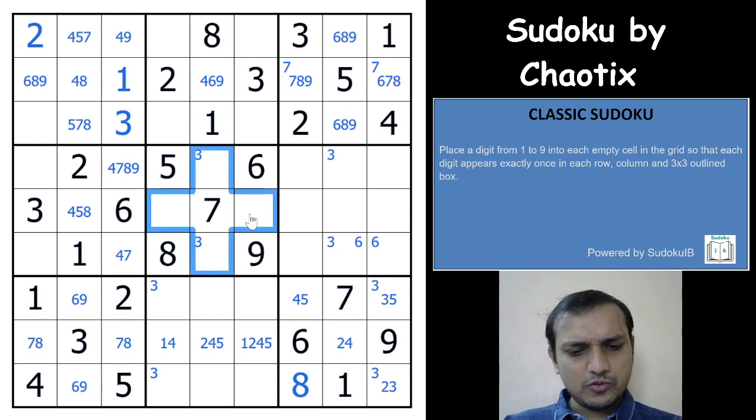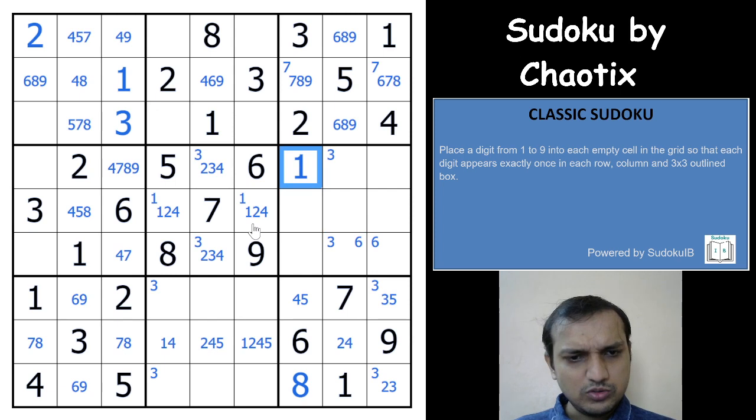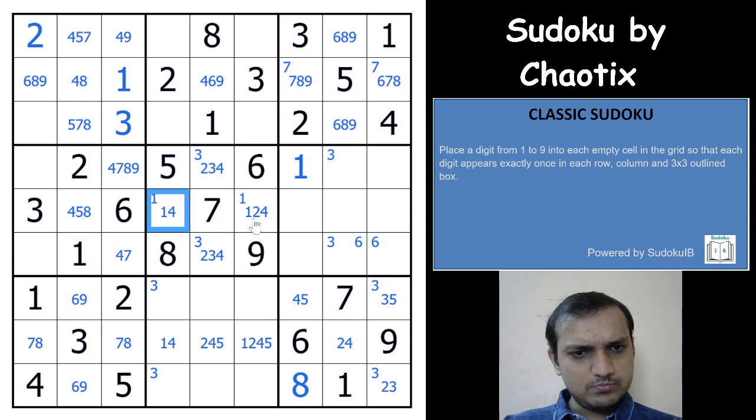You have 1, 2, 3, 4 here, so let me mark that. 1 cannot be in any of these cells, so you have a pointing of 1 here. 3 cannot be in any of these cells, you already have a pointing of 3 here. So this cell is a 1 here. Classic rules, basic rules. This cell cannot be a 2, this cell cannot be a 2.